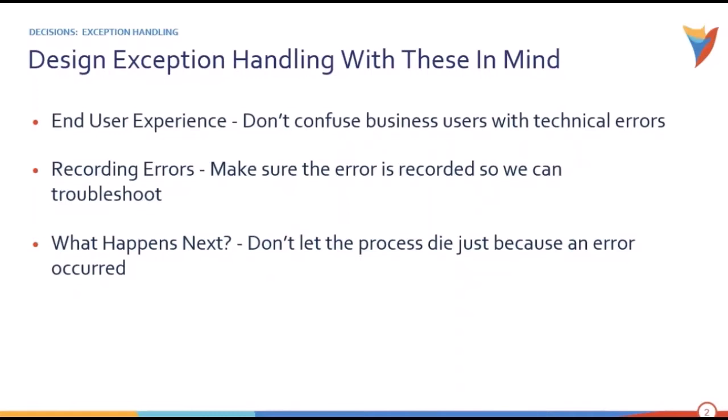So in that case, we need to think about whether a single step needs to be restarted, or whether the entire process needs to be restarted. Can the flow end immediately? All these questions must be answered to build solid error handling. To emphasize, while designing exception handling, the end user experience, recording errors, and thinking about what happens next are much needed.